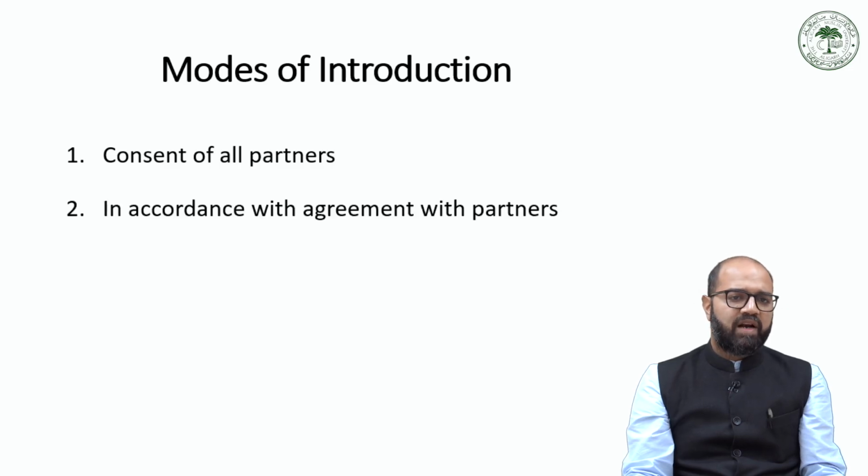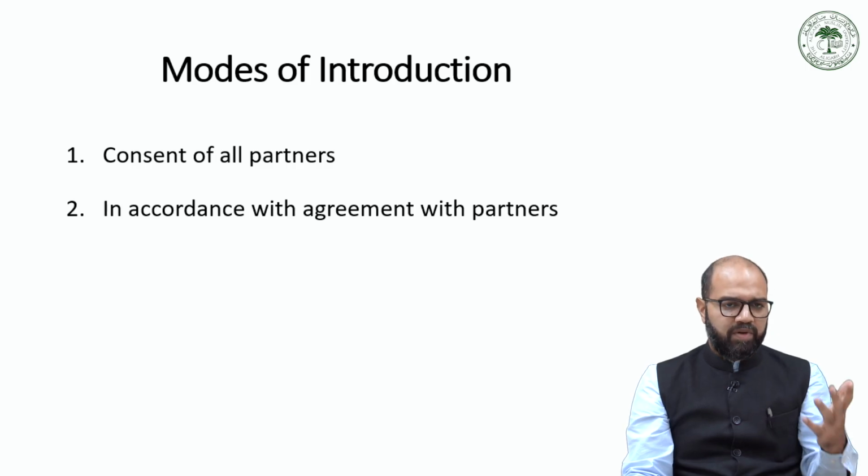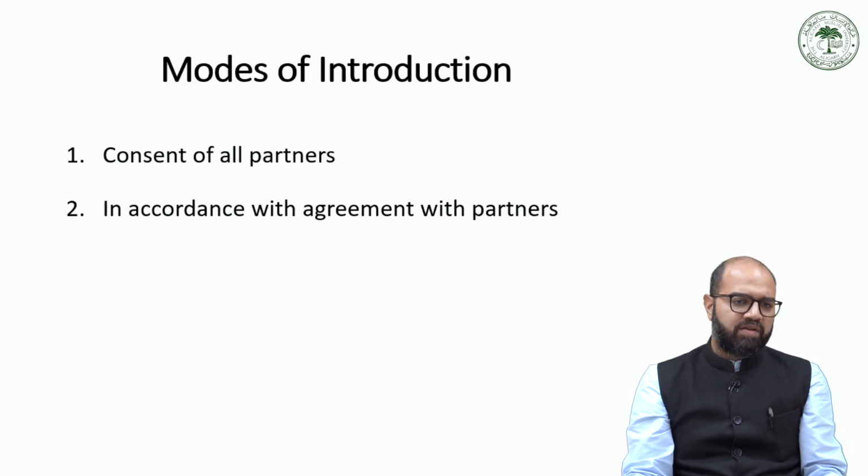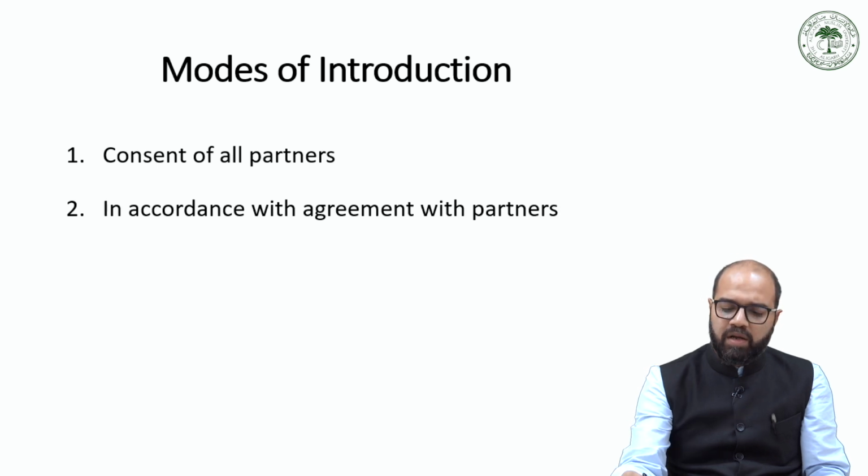The second is that this default rule may be modified or varied in accordance with the agreement between the partners. Therefore, it is possible that the partners in the partnership deed decide that if there is any dispute with regard to the admission of a new partner, then it shall be decided according to the rule of majority.